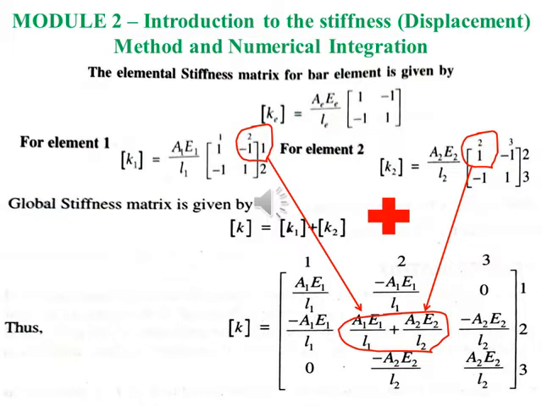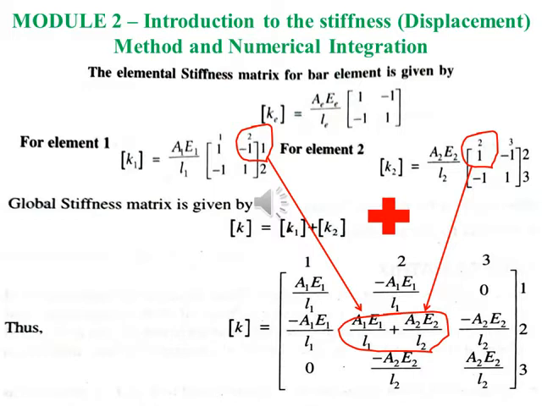So here the 1 in the first row, first column represents node 2. Similarly, the second column, row 1 represents the third node and the effect on the second node.